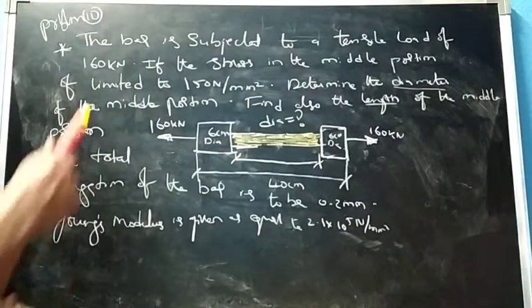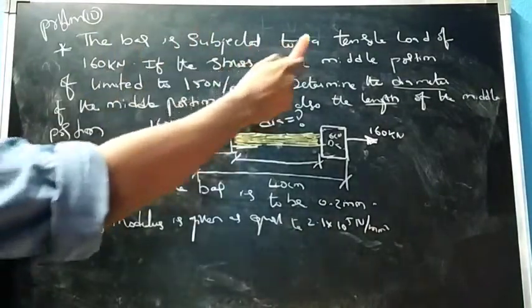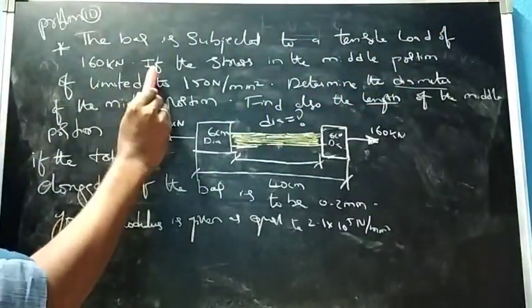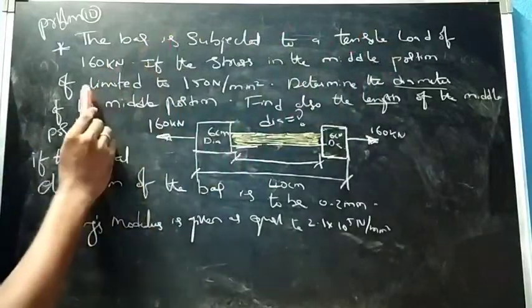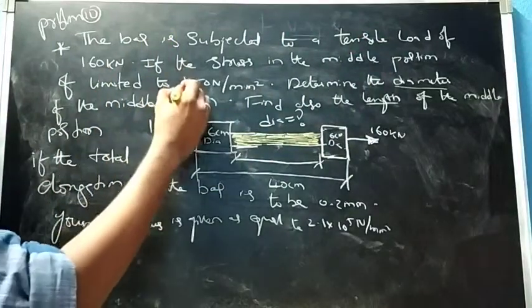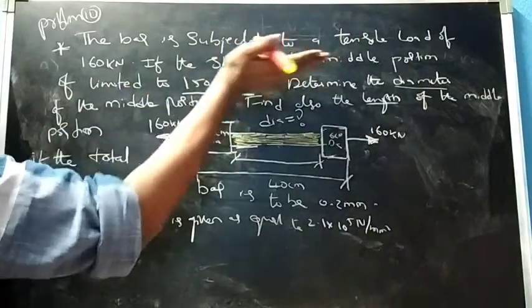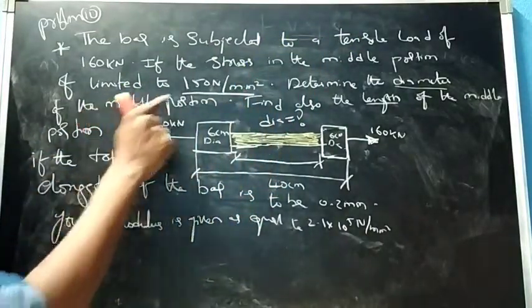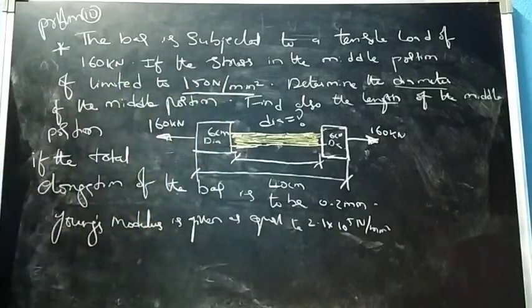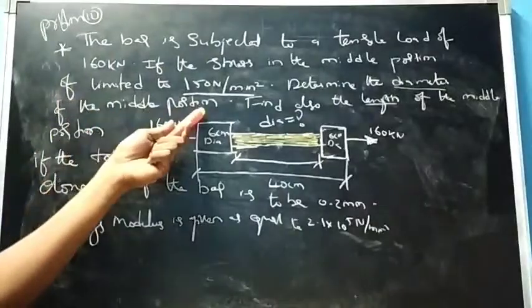So let me repeat it. The bar is subjected to a tensile load of 160 kilonewton. If the stress in this middle portion is limited to 150 Newton per mm square, that is, the stress is given for this middle portion. Determine the diameter of the middle portion.